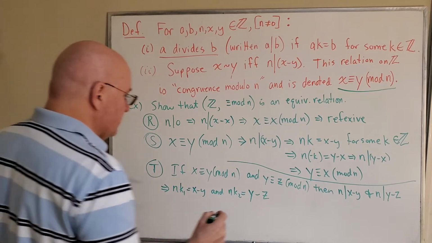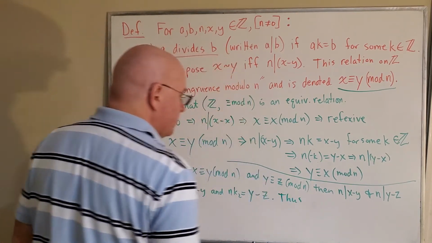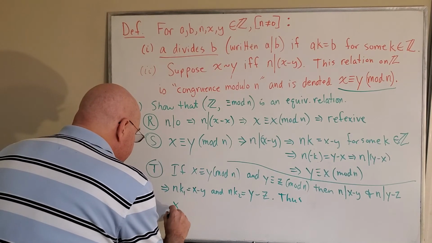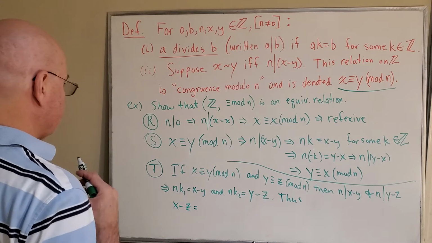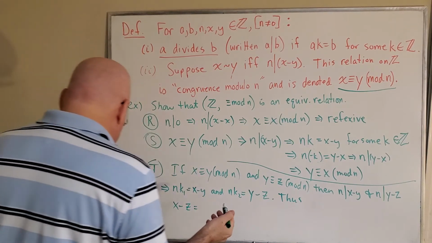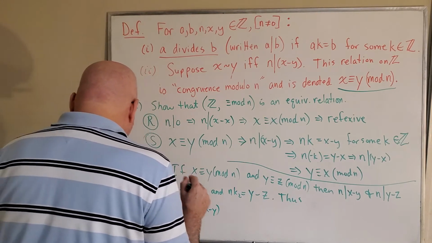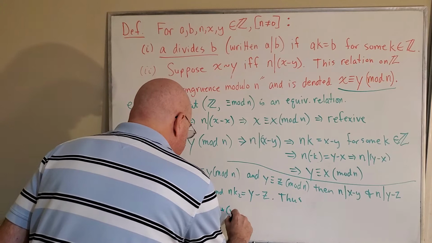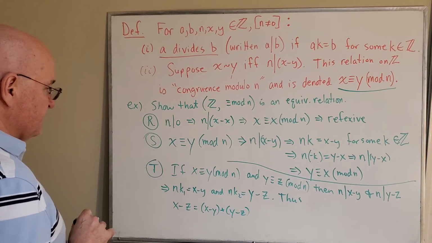And what do we want to show? Thus, I want x minus z. x minus z I could rewrite as saying x minus y plus y minus z. Just using some simple arithmetic.